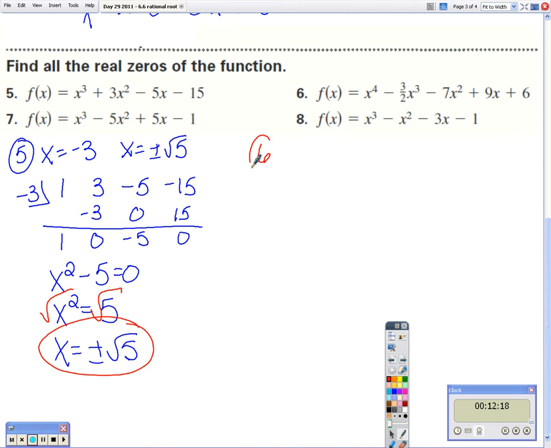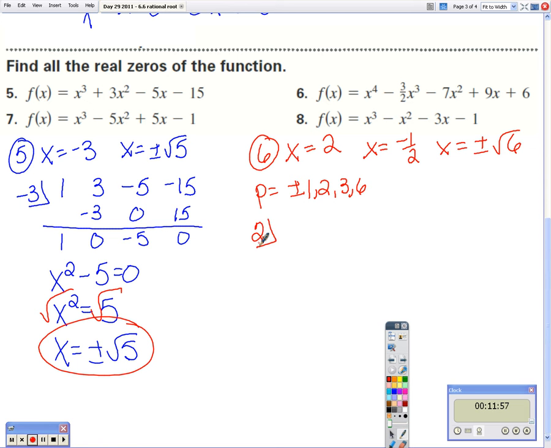For number 6, my answers are x equals 2, x equals -1/2, and x equals plus or minus root 6. So all of my choices for p are plus or minus 1, 2, 3, and 6. And q, the only choice is positive or -1. I'm going to start by dividing with 2.